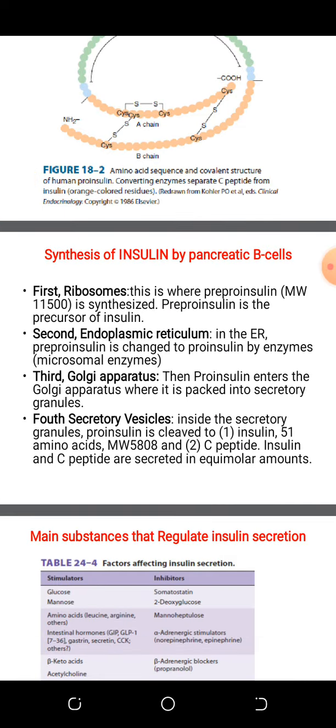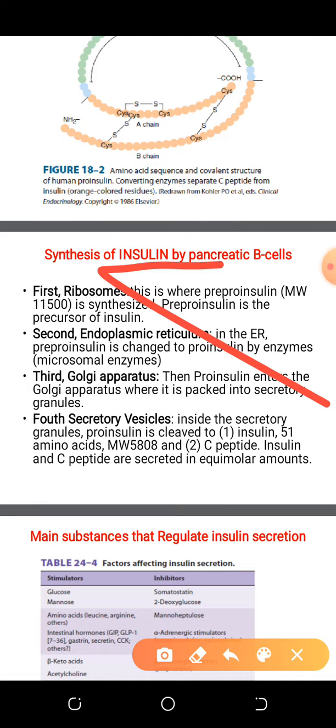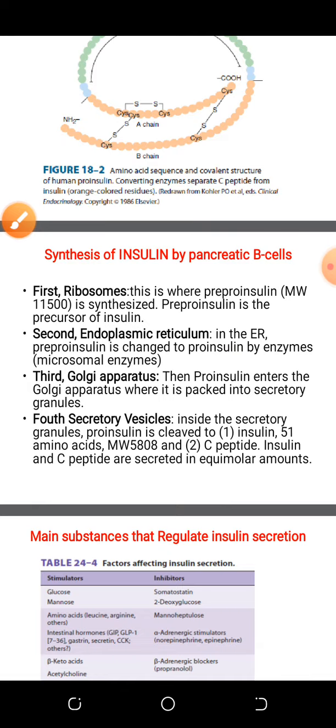Now, when you look at synthesis of insulin by the pancreatic beta cells, the first step happens in the ribosome, where preproinsulin is synthesized. Preproinsulin is the precursor of insulin, and then the second step happens in the endoplasmic reticulum, where the preproinsulin is changed to proinsulin by enzymes called microsomal enzymes.